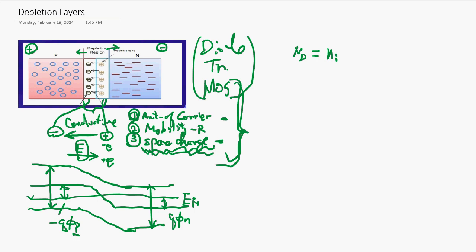Ni e to the q phi over kT. This D is a donor. Donor means you donate the electron. This acceptor is a hole. Ni e to the q phi p over kT.